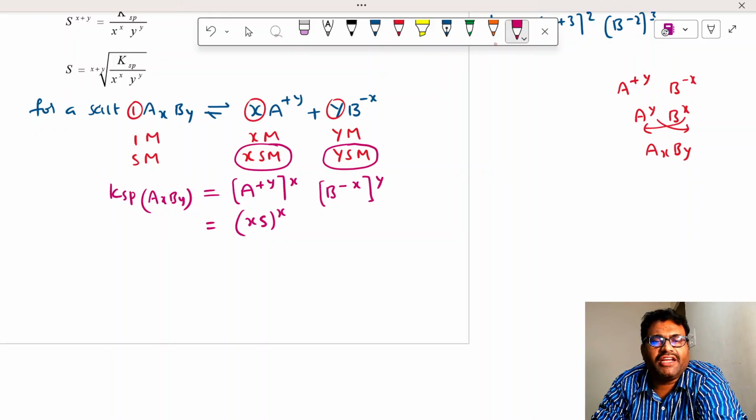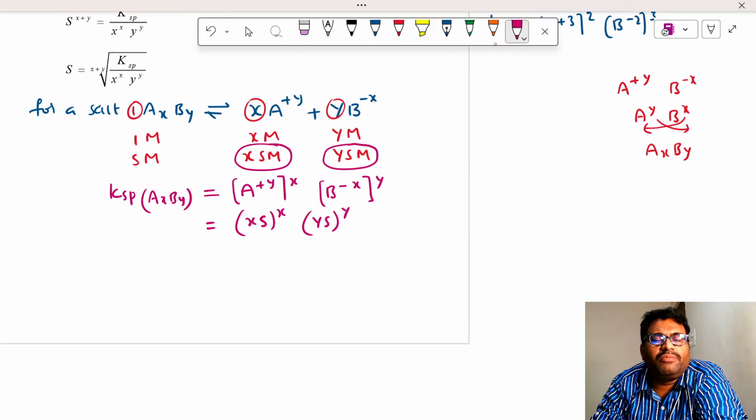Here Y into S power Y. We have found that the concentration of A plus Y is X into S moles per liter. Capital M means moles per liter. Here also capital M means moles per liter. Understood?